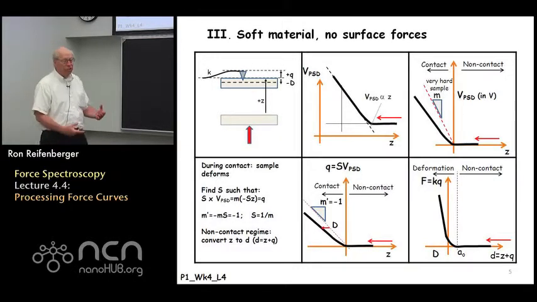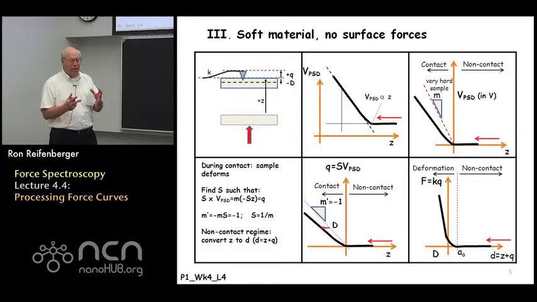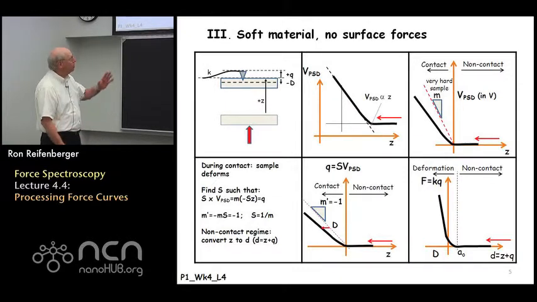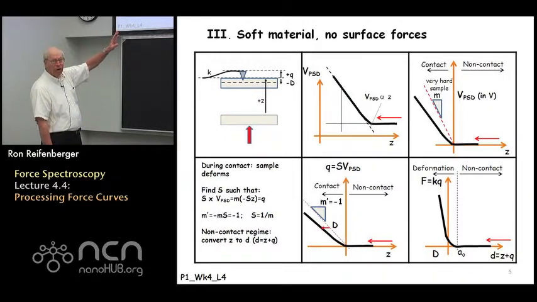It's often very useful to understand that when you're pushing on a soft sample with the tip, this indentation occurs. That just simply means that your voltage from the position-sensitive detector is always going to be less than what you would get if the sample were very hard, right?